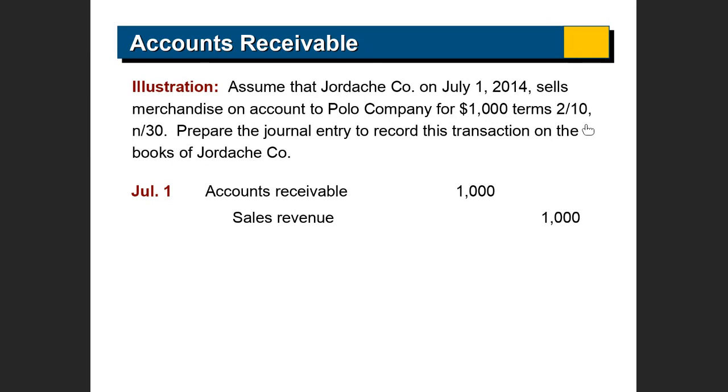Yes, 2/10 means if you pay within 10 days, you get a 2% discount. You don't have to pay the whole $1,000. And if you pay within 30 days, then you have to pay the whole amount, right? What happens if you don't pay within 30 days? We'll discuss. There are multiple things that happen when you are not paying after 30 days.